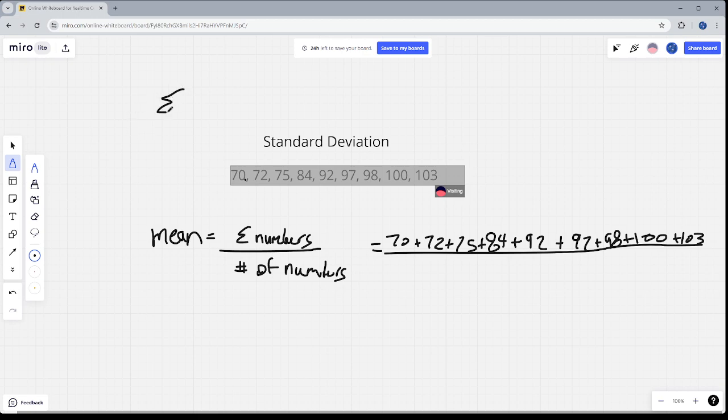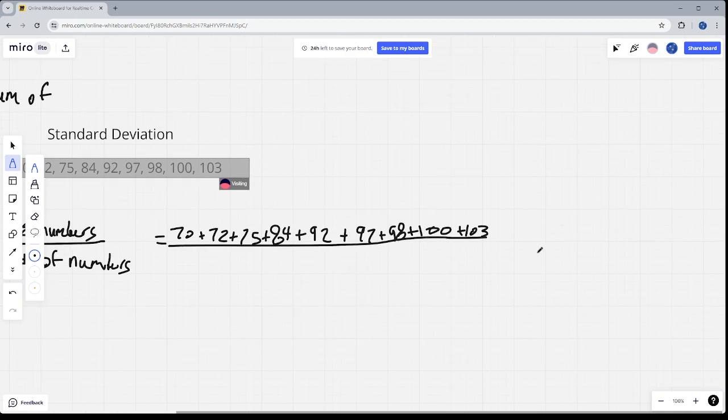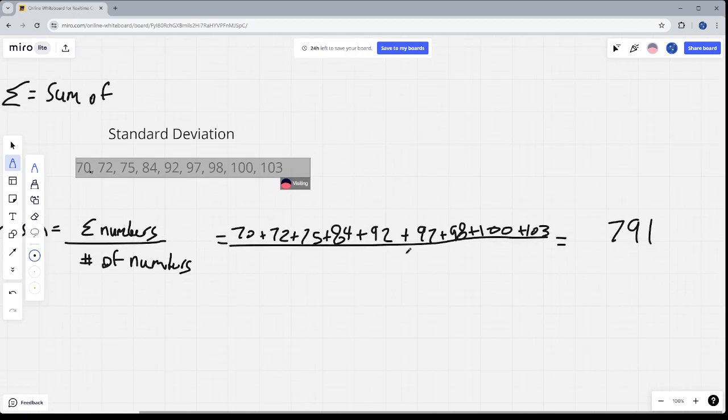Just to add, this little E symbol means sum. 791. Perfect. And then how many numbers do we have in this data set? 1, 2, 4, 9, right? Perfect.